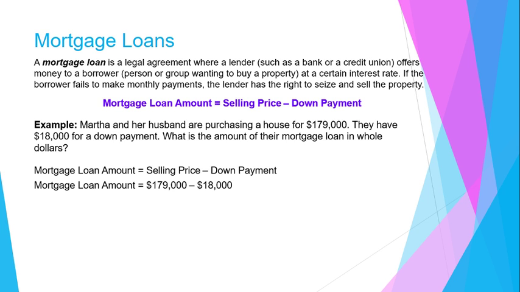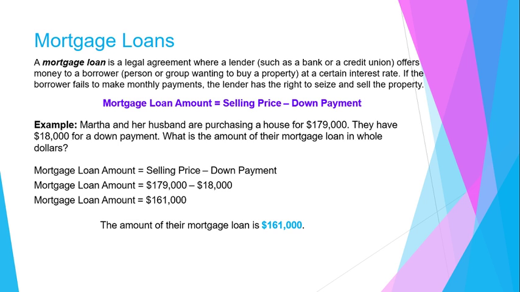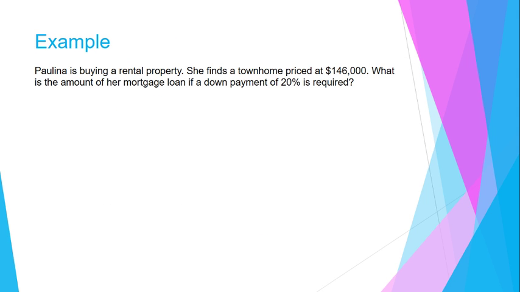That means 179,000 minus 18,000. The mortgage loan amount is $161,000. That means Martha and her husband would have to take out a loan for $161,000.